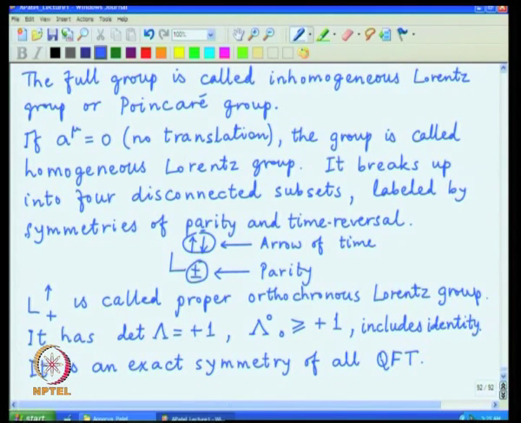And so, it has consequences which are obeyed by all the various particles and all the various interactions that we discover in studying various parts of high energy physics. So, that is the importance of this particular group.